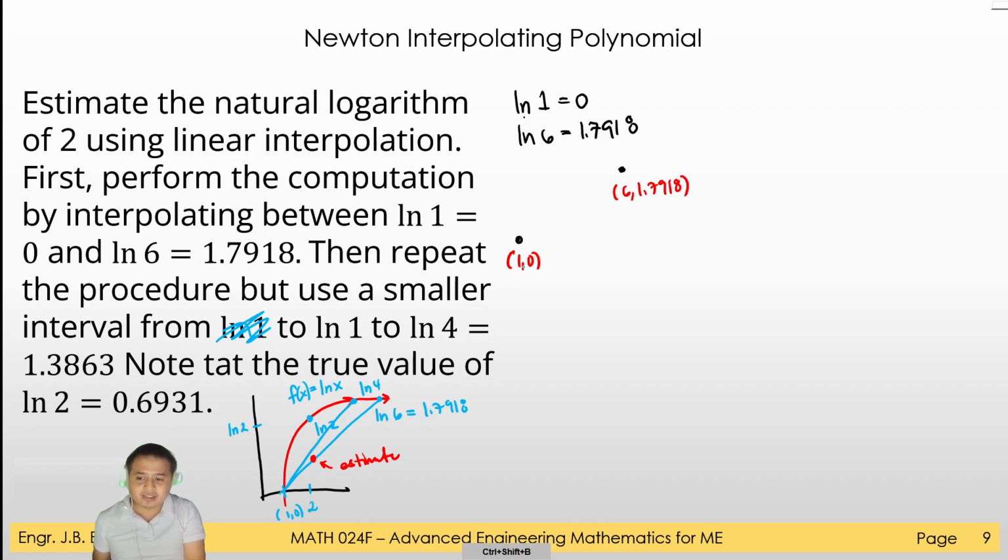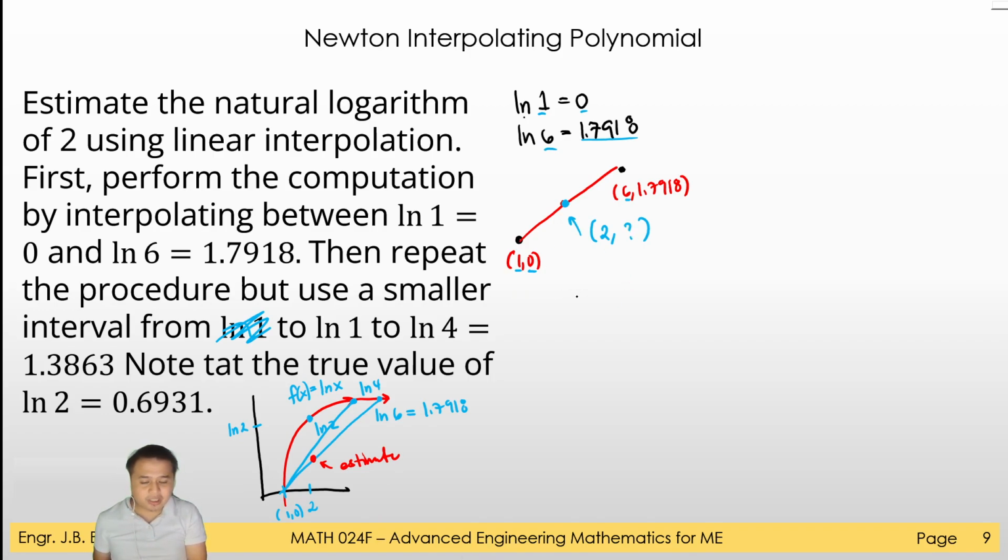With linear interpolation, you just connect these two points with a line segment, and some point on it will be an estimate of ln 2, at x equal to 2.